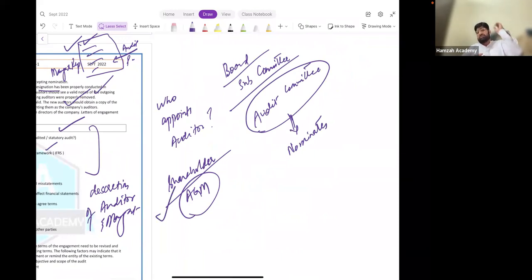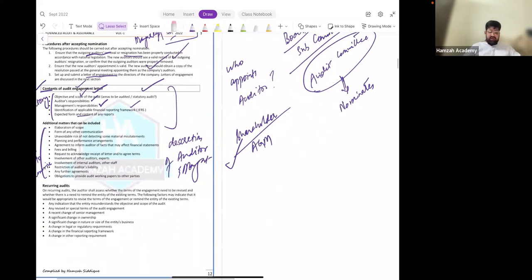Ultimately, shareholders choose that in the AGM. Remember that. If shareholders do not use their right of appointment of auditor as per law, then directors can appoint. So it is the first right of the shareholders to appoint the auditor.